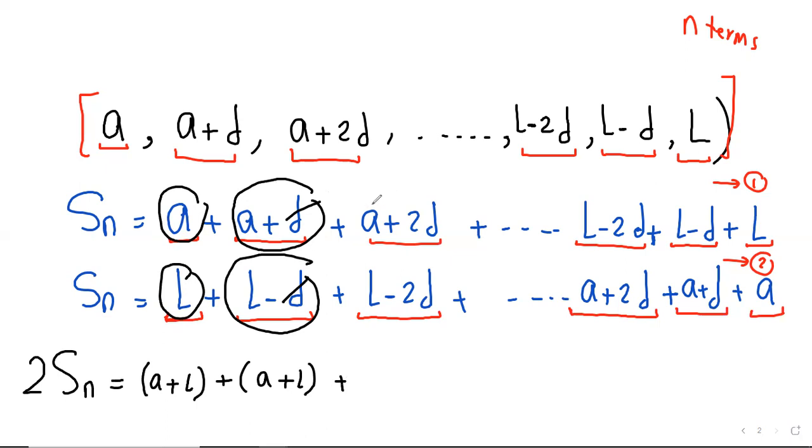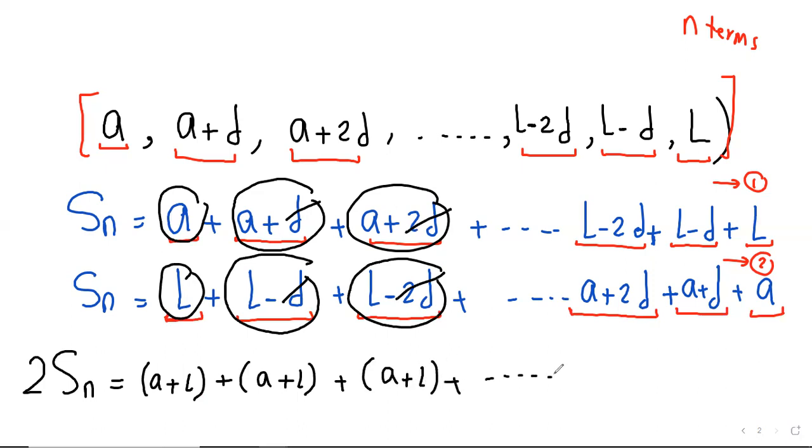And here we have A plus 2D, and here L minus 2D; 2D and minus 2D cancel each other out, so it's A plus L. Likewise L minus 2D and A plus 2D cancel, so it will be A plus L. Also L minus D and A plus D give A plus L. And here at the end, A plus L. So we have A plus L multiplied by n terms.